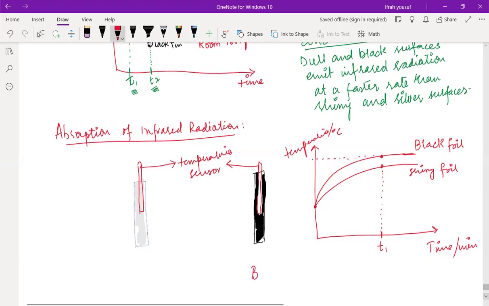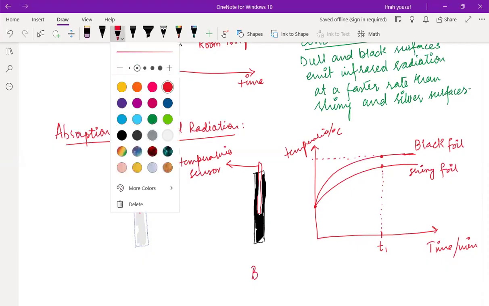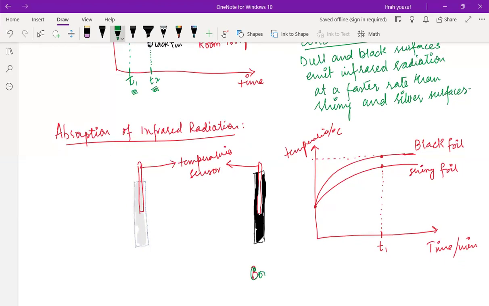Okay. So after this experiment, we can conclude.